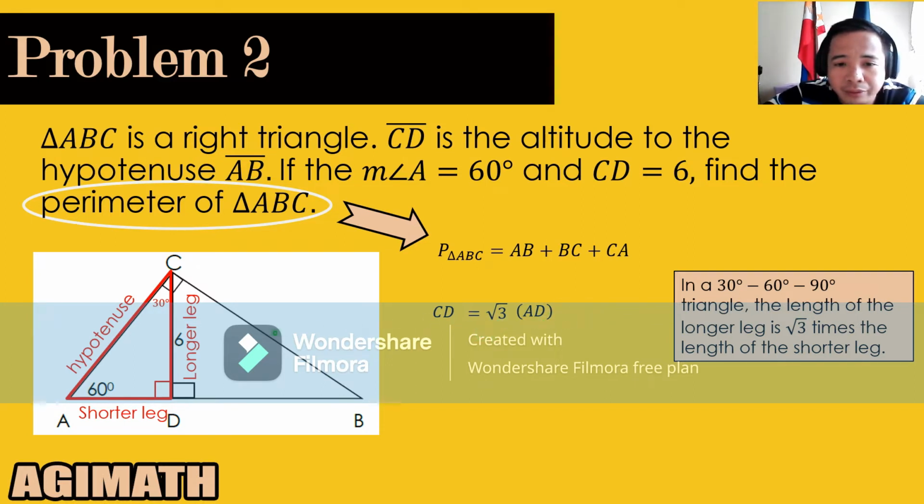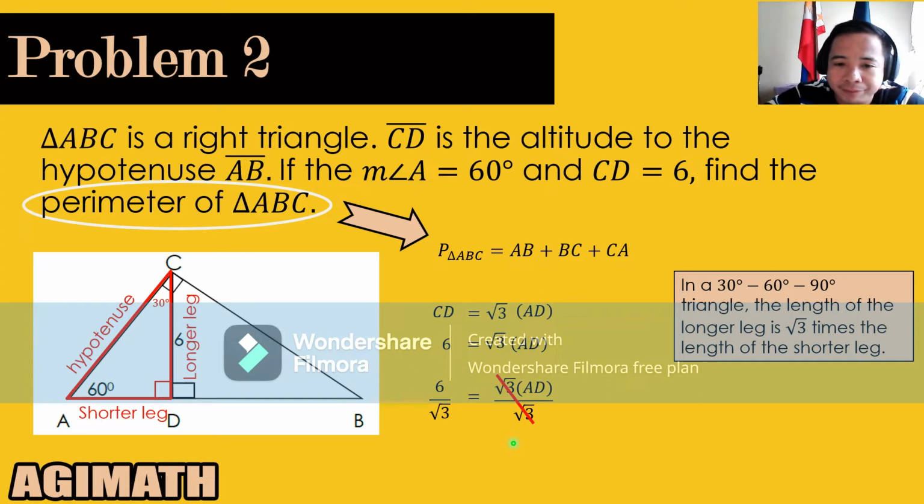But we know that CD is equal to 6 based on our given. So with this, we can find the length of AD. What we need to do is to divide both sides by square root of 3 so that what will remain on the right side is just AD, or the length of AD. So dividing both sides by square root of 3, of course, this will cancel.